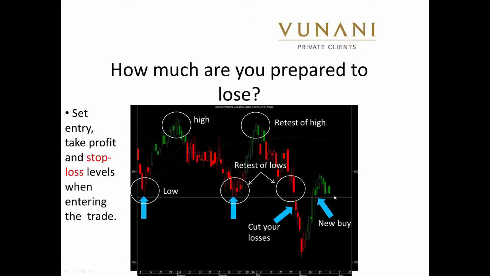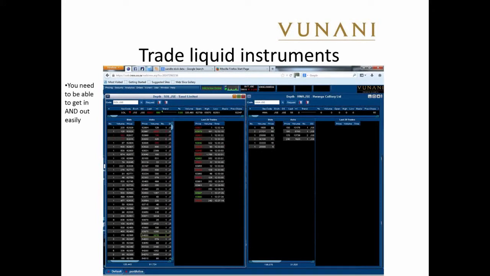Now, liquidity, as I referred to earlier, is of paramount importance. You need to be able to get in at a good price, and it must be easy for you to get out when you want to take profit. Okay, so here, side by side, you might have to sit a little bit closer to your screen as the slide might be a little bit small.